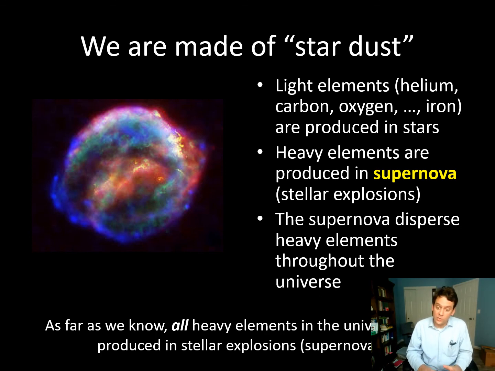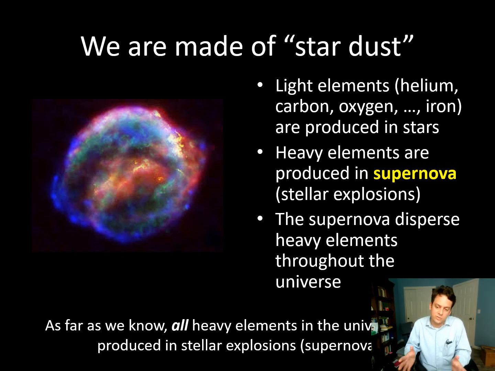But it turns out that when stars die, in particular when very massive stars die, they can generate what are called supernovae, which is just a fancy way of saying the star explodes. And in that explosion process, stars are capable of producing much heavier elements, all the way up to uranium, and even heavier.